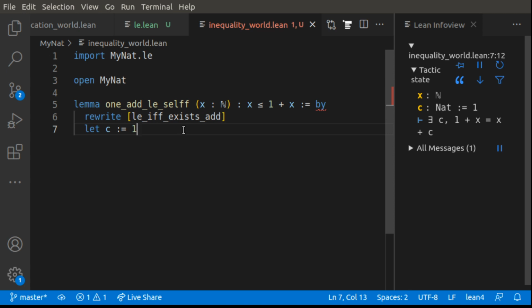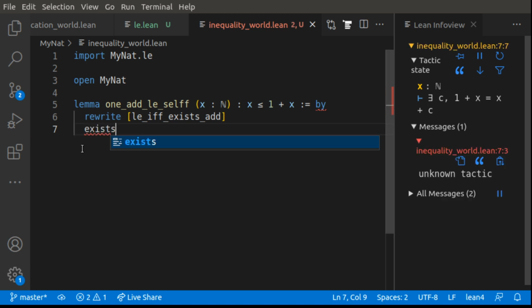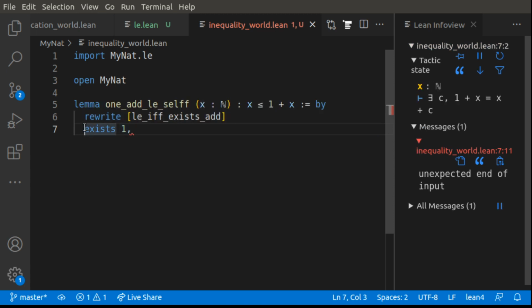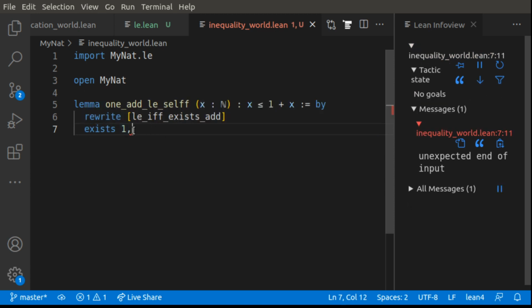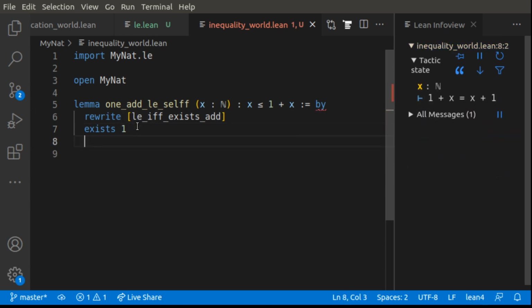Let me figure out what the corresponding tactic is for Lean 4. The tactic we can use is exists. So we can do exists 1 to change it from c to 1. And now we have x plus 1 equals 1 plus x.